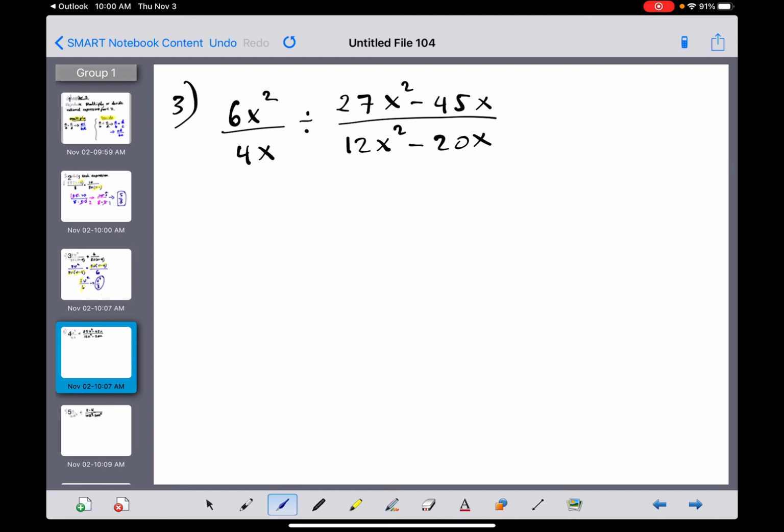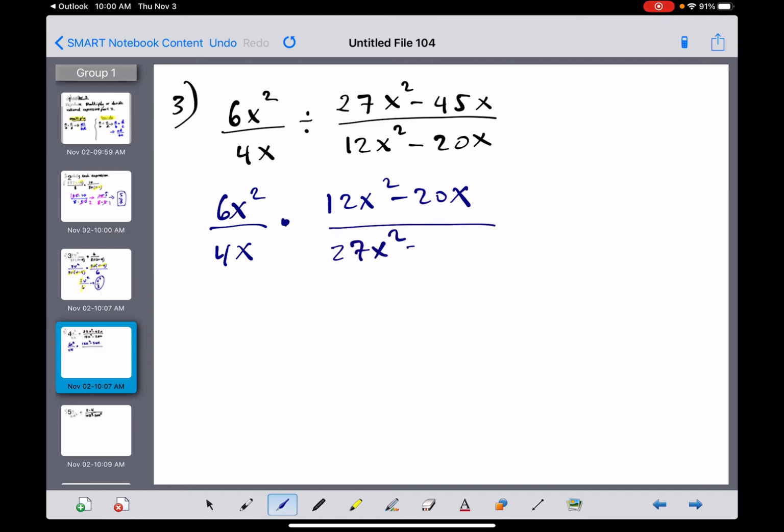Let's move on to number 3. Number 3 is division, so we're going to do the same thing as number 2. We're going to change it to multiplication and recopy everything else. Take the reciprocal of the second part. But if you look closely, there's nothing for you to cancel for the binomial terms.